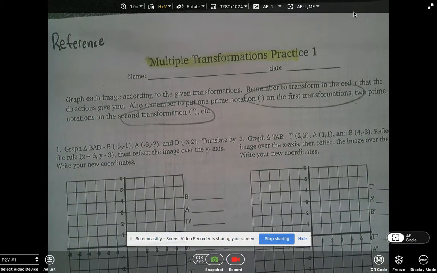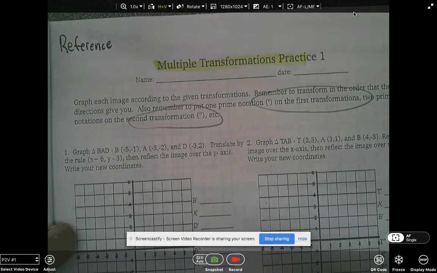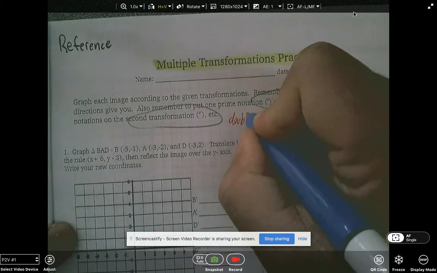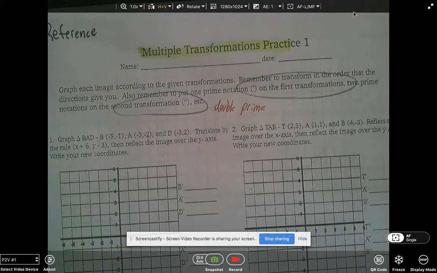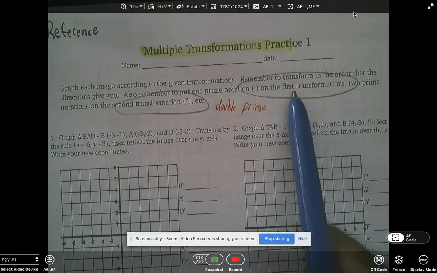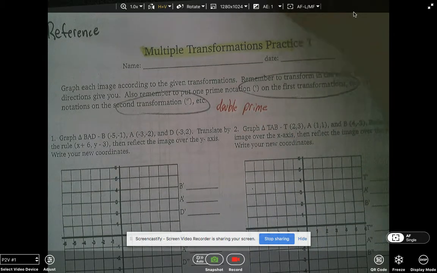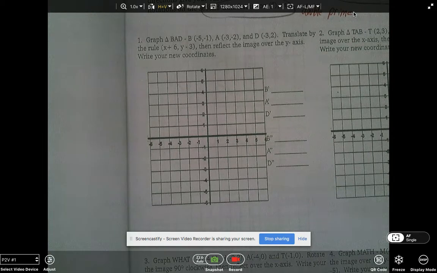So the second transformation, you might want to write this down, you would say it as double prime. Your first transformation is just a single prime, and then the second one you label it double prime. So we're going to do 1 and 3 together, and then maybe you can pause the video and try 2 and 4.